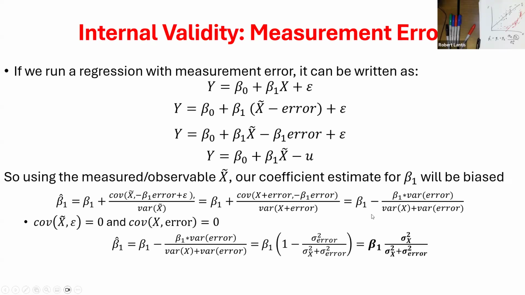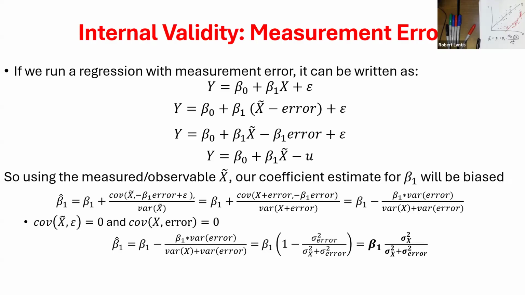So all of this goes to say, if the covariance between the measurement error and the actual values of X is 0, I can rewrite the bias in that coefficient as whatever the true coefficient is times the variance of the original X variable divided by the variance of that variable plus the variance of my measurement error.